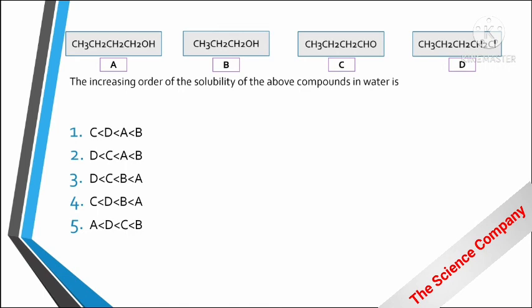And we have two types of alcohol. A has a long carbon chain and the other one has a small carbon chain. So B has a small carbon chain, therefore it is more soluble than A. So A comes next and the last is B. So the answer is the second one.